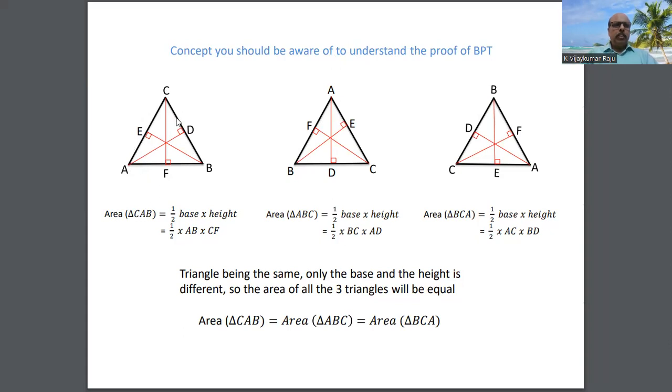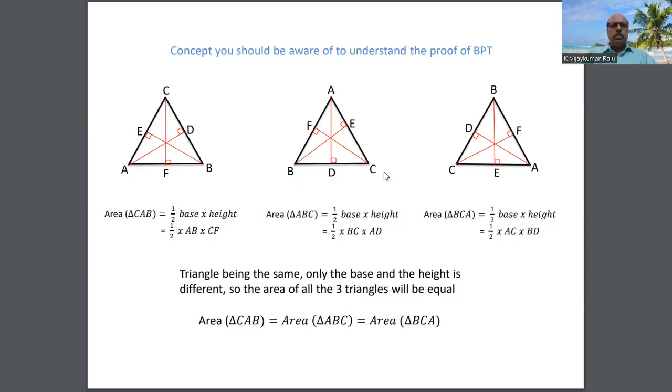Now if you want to find the area of this triangle, area of triangle CAB is equal to half into base into height. Base is AB and height is CF. So area of triangle CAB is half into AB into CF. Now let us slightly flip this triangle and bring BC to the base.